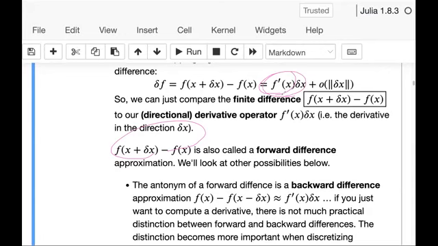So this formula here is called a forward difference. It's called forward because you perturb x in the plus direction, if delta x is positive. You can also do a backward difference, f of x minus delta x, which is also approximately f prime of x dx.